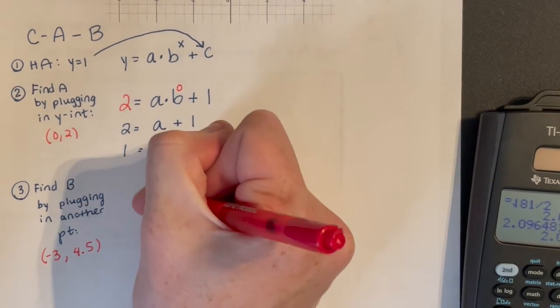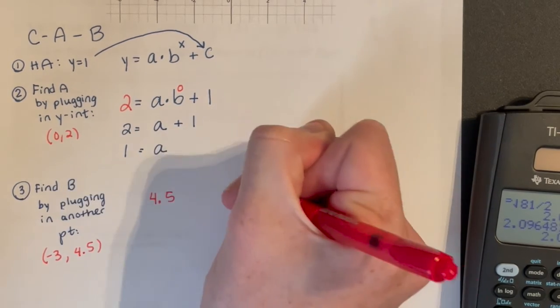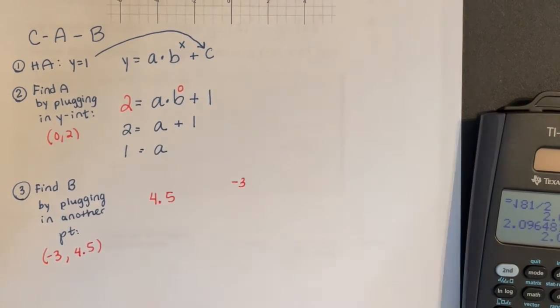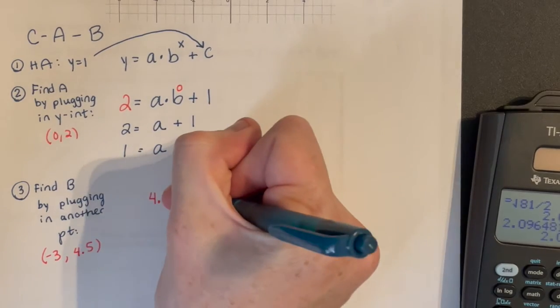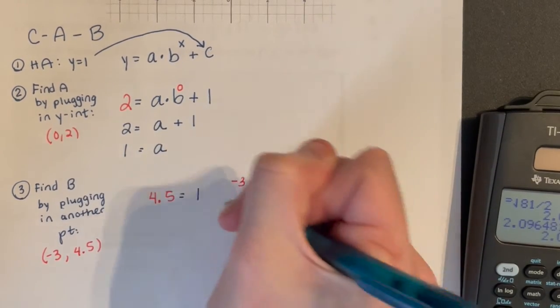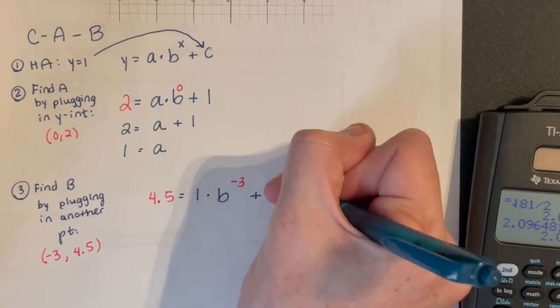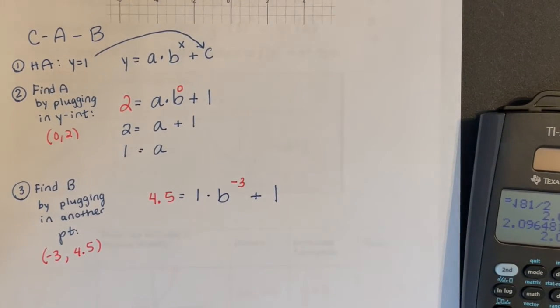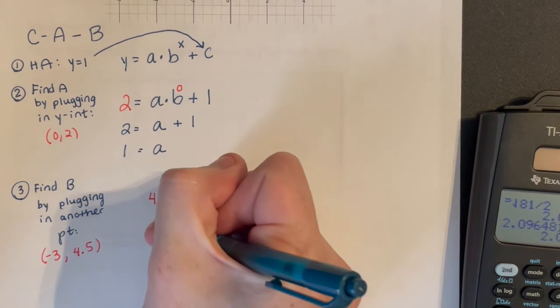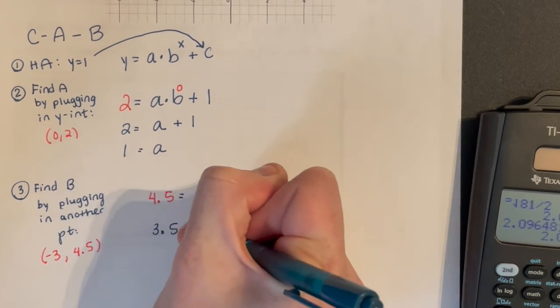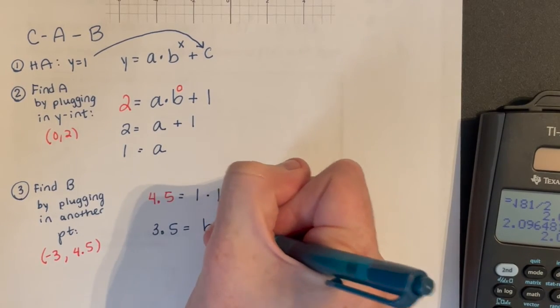When I plug that in, y is 4.5, x is going to be negative 3. So a was 1, b we don't know, that's what we're trying to find out, c was actually 1 as well. So I can subtract 1 from both sides. If I subtract 1, I get 3.5 equals 1 times anything, so that's just b to the negative 3.